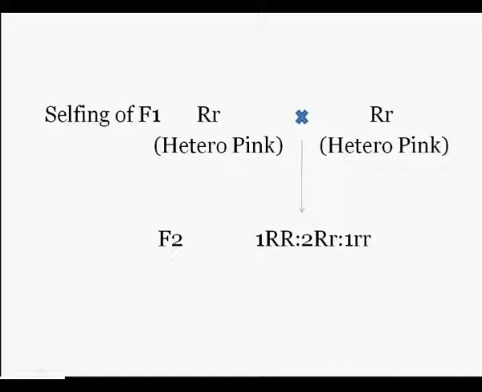So in the F2 generation, we will have four individuals. One will be red, two will be pink, and one will be white in nature. Because of the principle of segregation, in the F2 generation all the gametes segregate and they are shown in the next generation. So we have red as well as white.